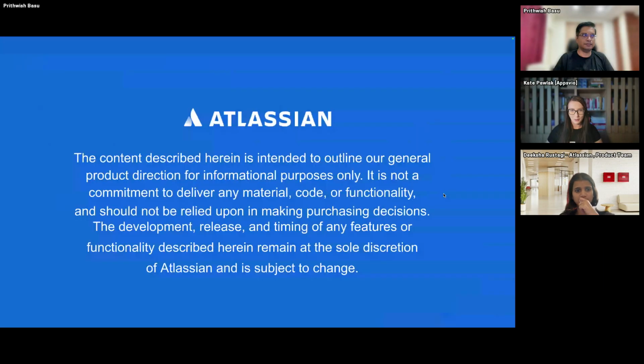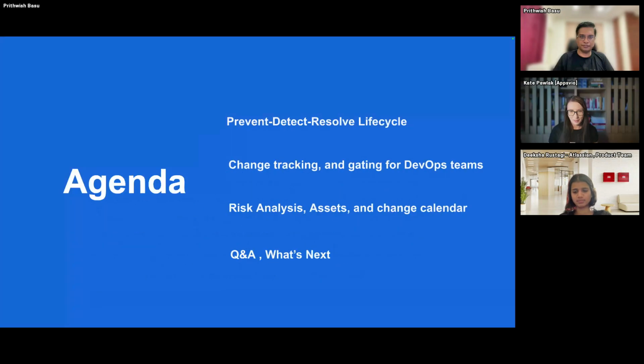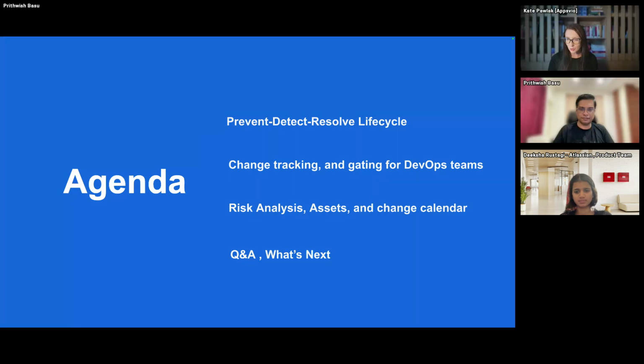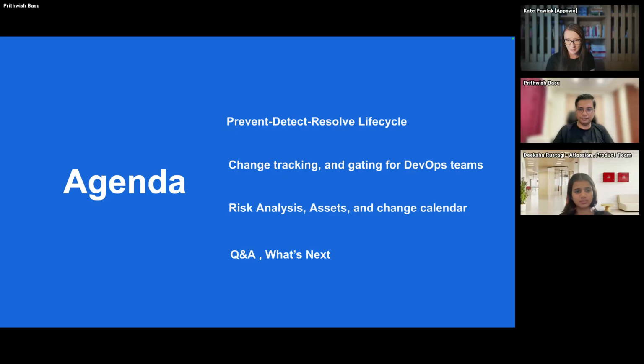I guess that we can go to the next slide. Yeah. So the agenda for today is a short reminder about the prevent, detect, resolve lifecycle, which you know from the previous session. After that, we will talk about change tracking and gating for DevOps teams.